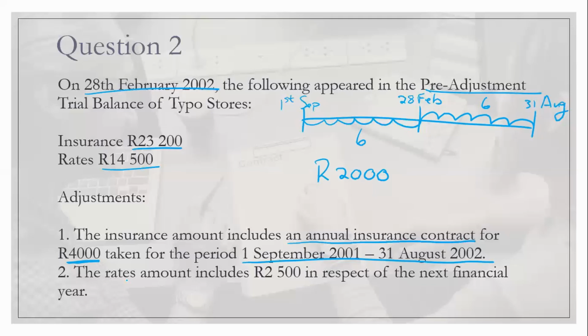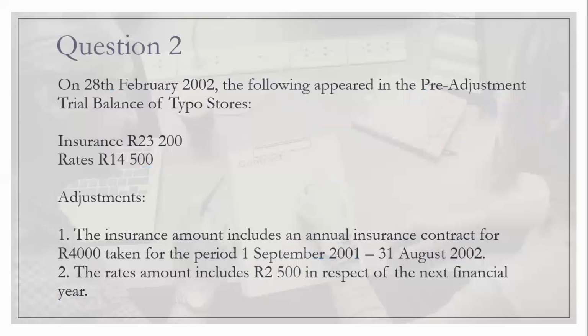Adjustment 2 says the rates amount includes 2,500 in respect of the next financial year. Which means we have to do what with the 2,500? That would be a prepaid expense. And we know that this piece of the insurance is also a prepaid expense. Well done.